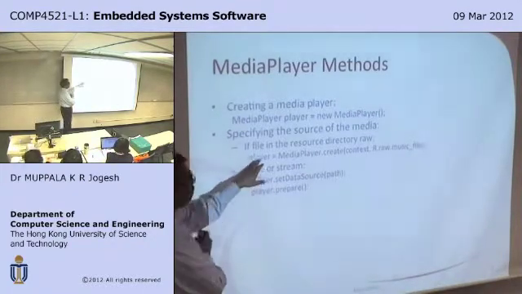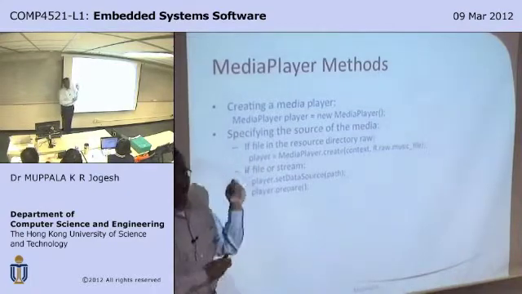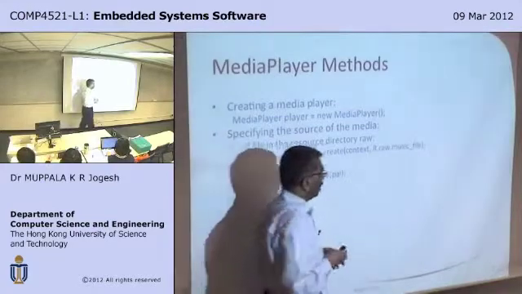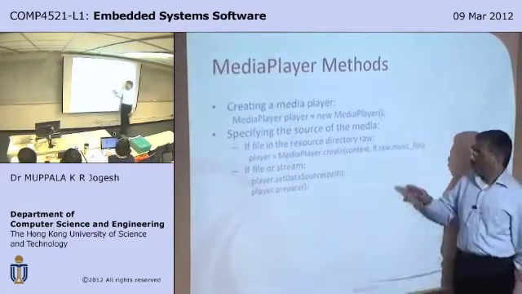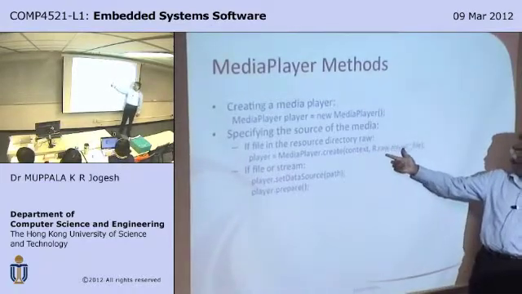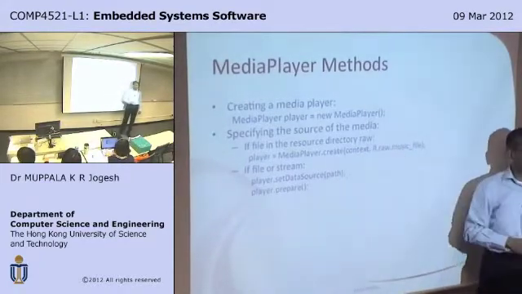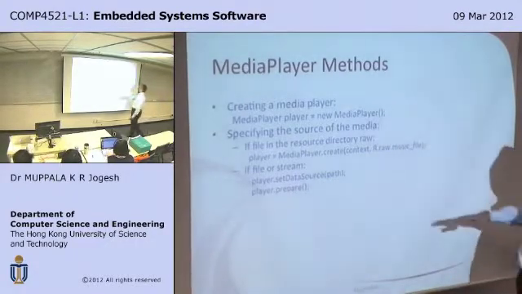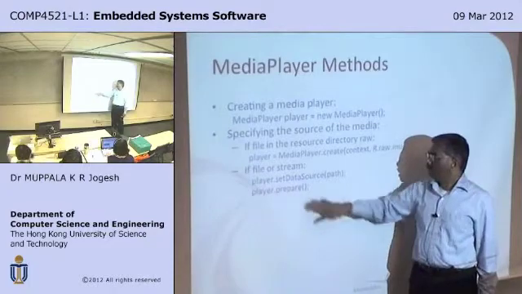If the file is already embedded into the application as a file in the raw resources directory, then in that case, you can simply specify the file by using this particular approach. You directly specify the file, saying media player create and this one.